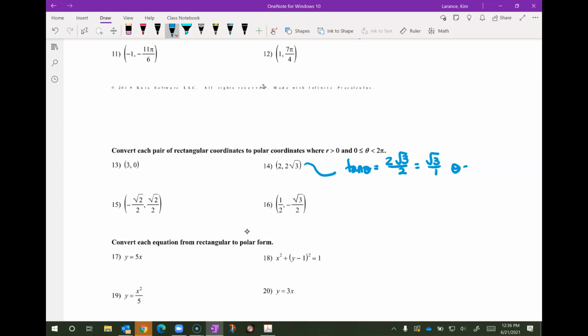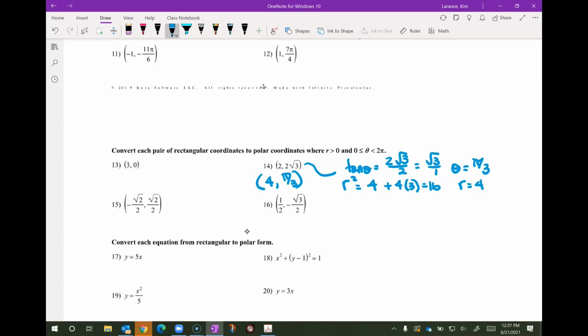So theta is pi thirds. And then let's get our r. So r squared equals x squared plus y squared. So 4 times 3, which is 12, plus 4 is 16. So it looks like r is 4. And our answer would be 4 comma pi thirds.